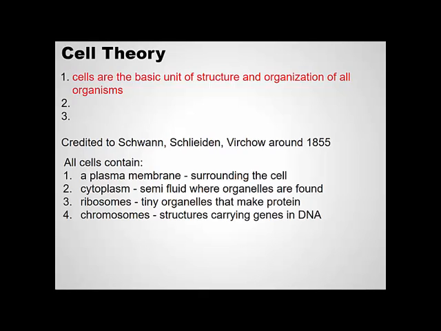That was one important part of the cell theory. Another important part is that all living organisms are made of cells. Some simple organisms are made of a single cell. Other more complex organisms are made of hundreds, thousands, millions, trillions of cells. But everything that's alive is made of cells.